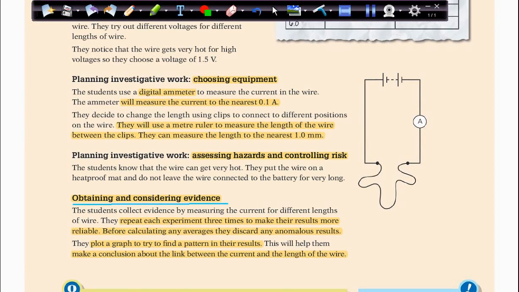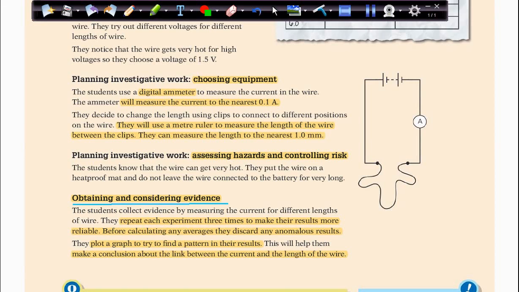Okay, to be able to do this, we need to choose a neater, more organized way, which is using graphs, charts, any way to represent our results and to plot our data. We can use a line graph, bar chart, or pie chart.